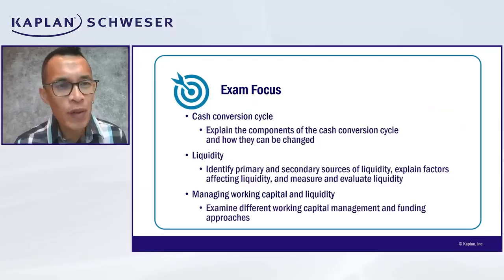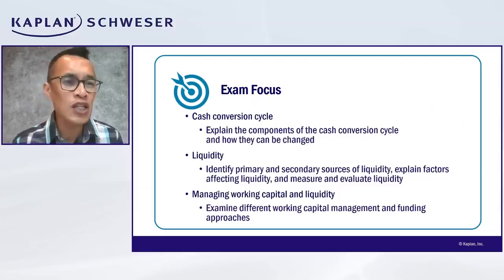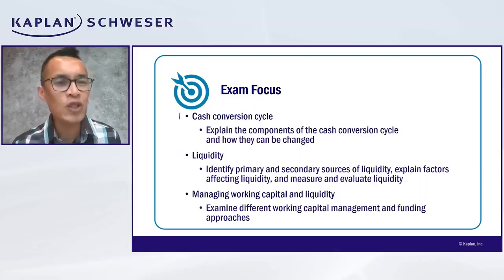Now, going into a little more detail, there are three main considerations here for exam purposes, and I'm going to work through each of these with you. Number one, must know: you've got to be able to work with the cash conversion cycle.